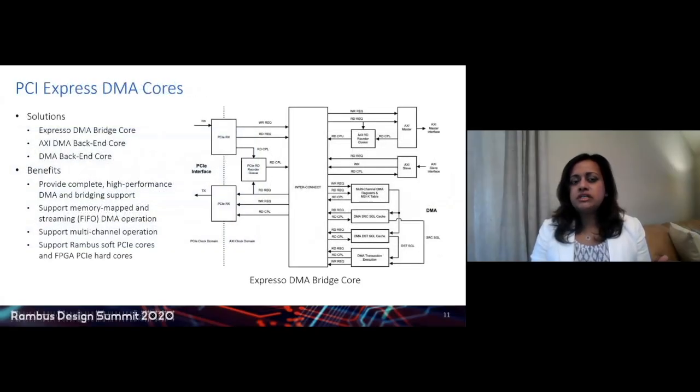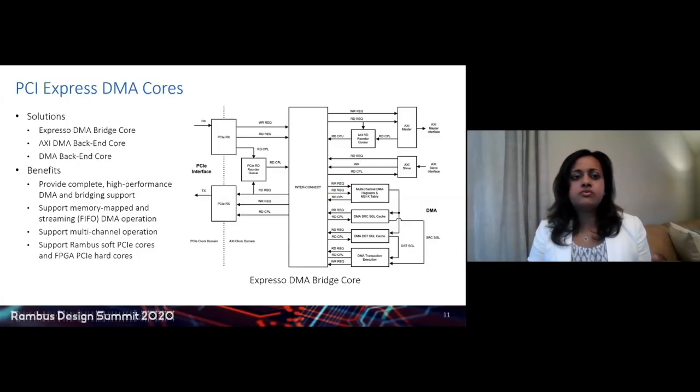So why do you need a DMA core? If you're trying to maximize the PCI Express bandwidth, you do need a DMA operation for that. The throughput that you get through CPU reads and writes is not going to be adequate. Rambus provides a very high performance scatter-gather based DMA core.